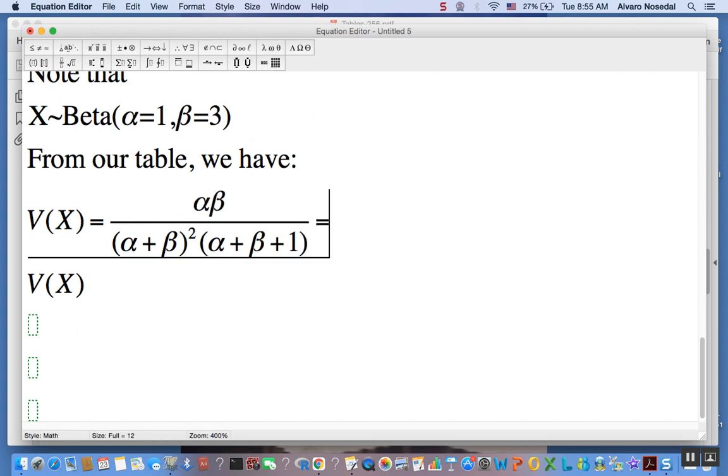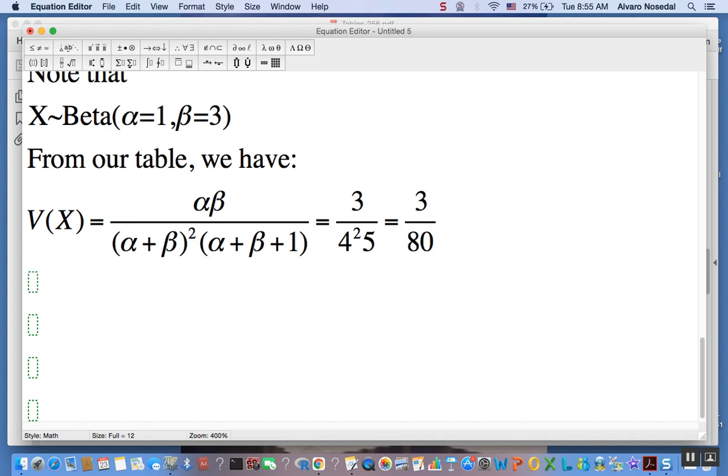In this case, alpha times beta is 3, alpha plus beta is 4, squared is 16, and alpha plus beta plus 1 is 5. So we have 3 over 16 times 5, that's 80. That's it.